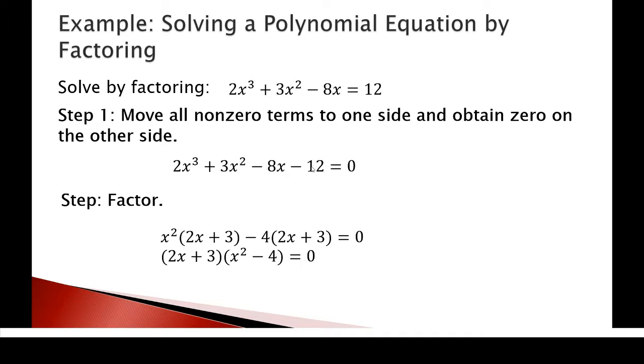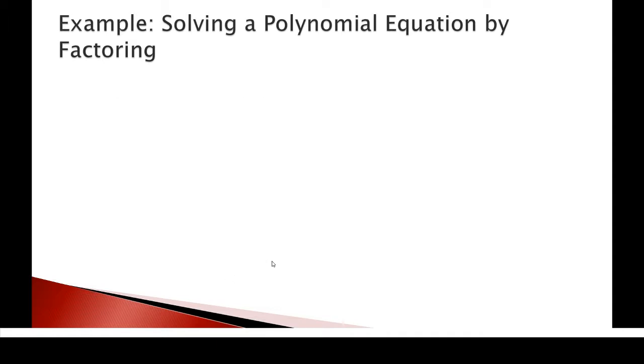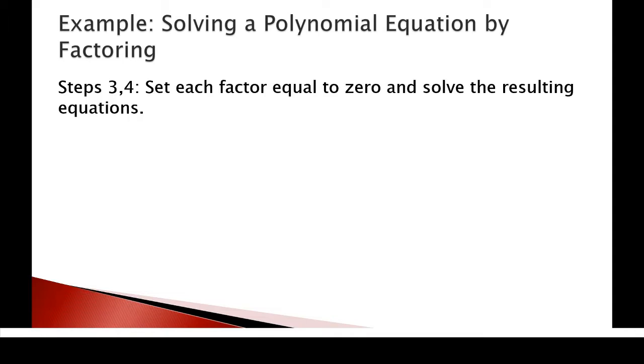If you take out 4 from the last two terms and x squared from the first two terms, you can find the factors of this polynomial, which are 2x plus 3 and x squared minus 4. So, as the third and fourth steps, we are going to set each factor equal to 0 and solve for x.